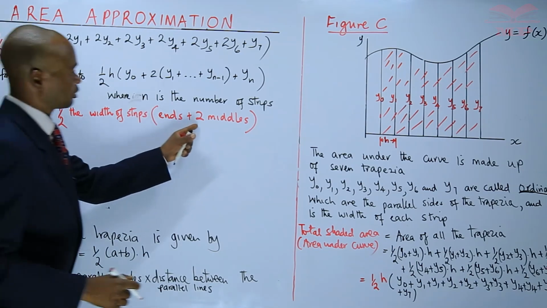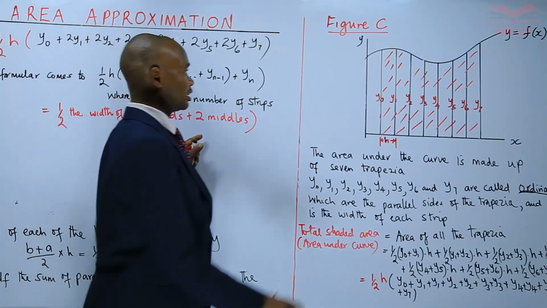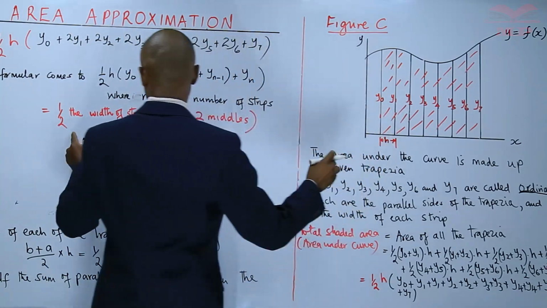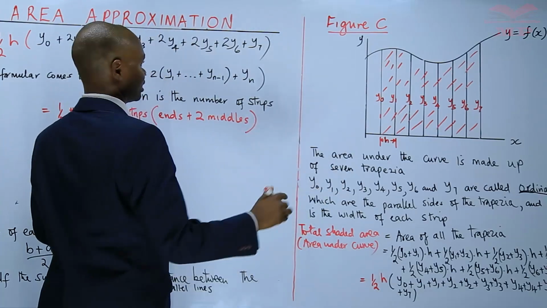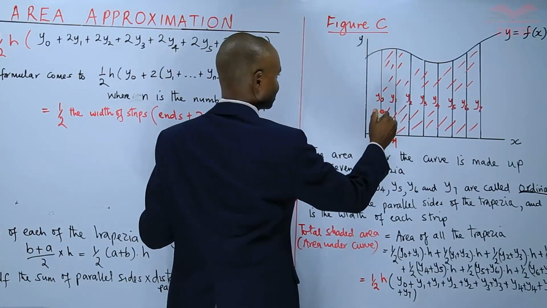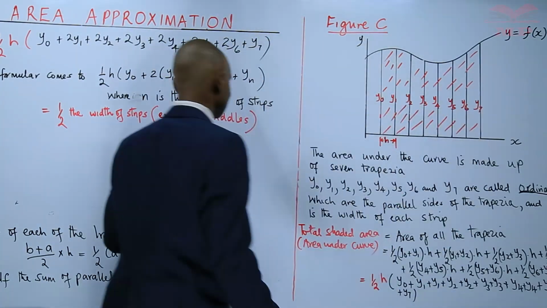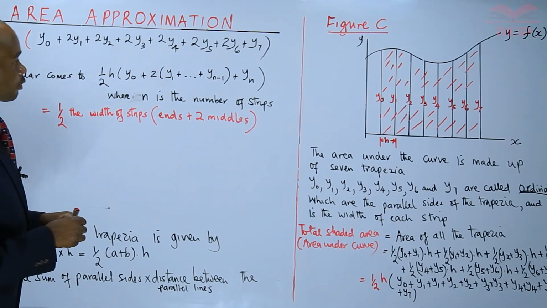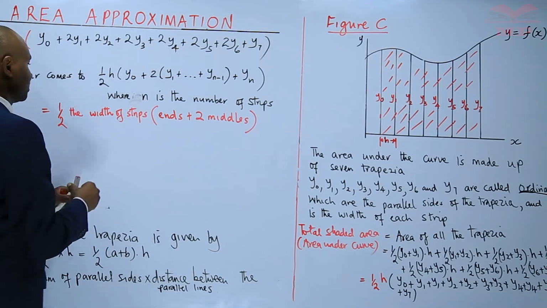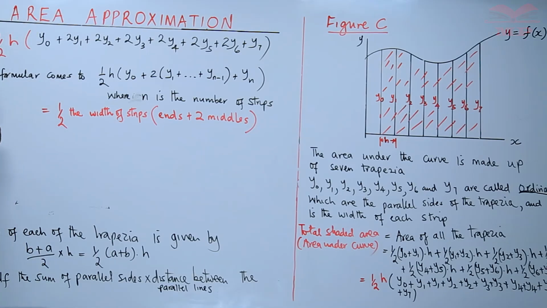That is a simple formula for the trapezium rule. A half the width of this strip, then you add the ends. The ends are y0 and y7. That will give you the trapezium formula.